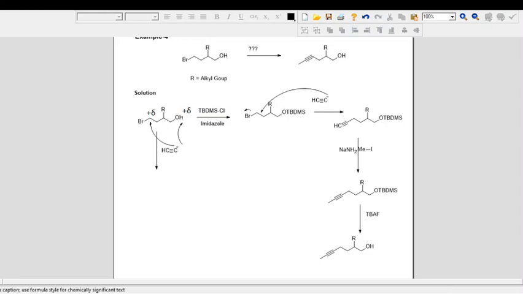Because acid-base reactions are more feasible; they require less energy to proceed as compared to nucleophilic substitution reactions. So the preferable reaction would be the pickup of the proton and formation of the corresponding negatively charged species, as we are going to draw here.